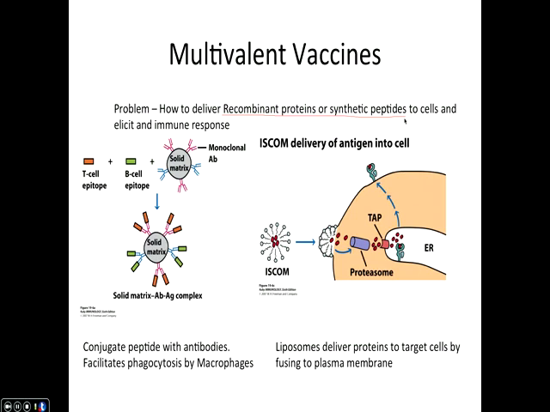So you try to find recombinant proteins, pieces of a virus, that you feel will elicit an immune response to that particular viral pathogen.